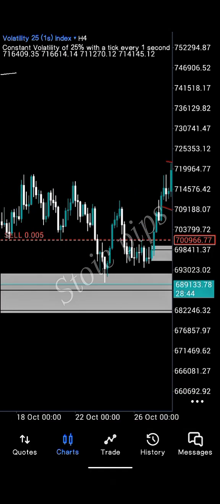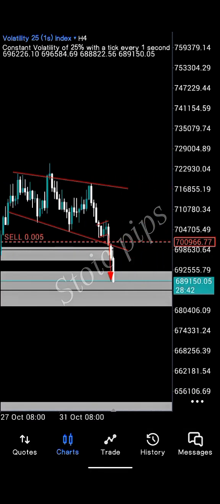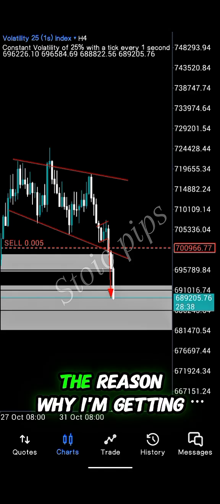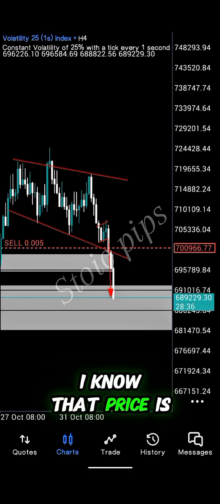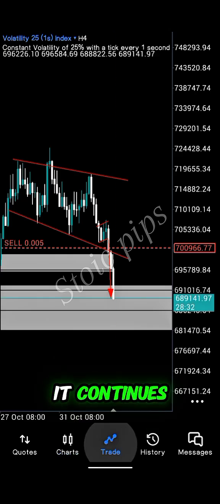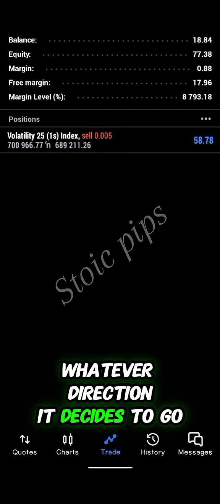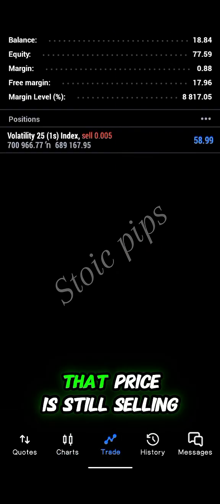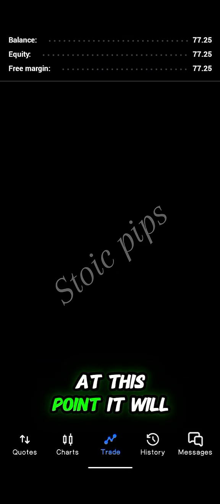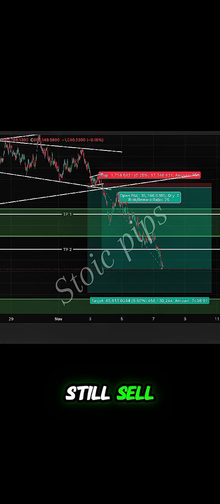Now, the reason why I'm getting out at this point is that I know price is going to reverse a bit before it continues whatever direction it decides to go. But what I know is that price is still selling. So even when it reverses at this point, it will still sell.